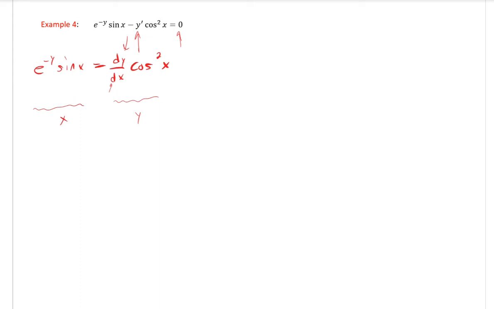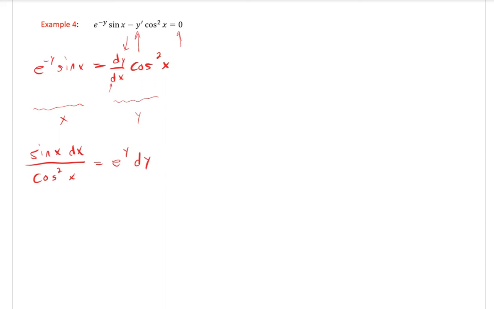So that means I'm going to have to multiply dx over, divide the cosine squared. So I get sine of x dx over cosine squared x equals, if I multiply by e to the y or divide by e to the negative y, I get e to the y dy. Sine over cosine squared.